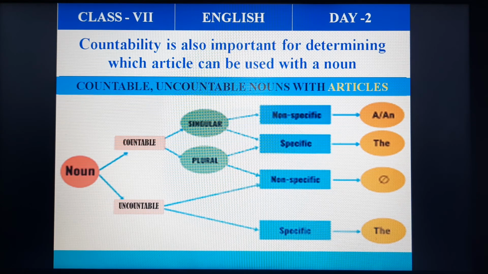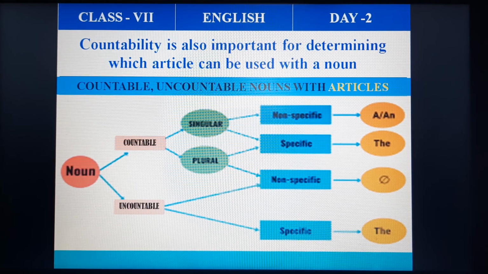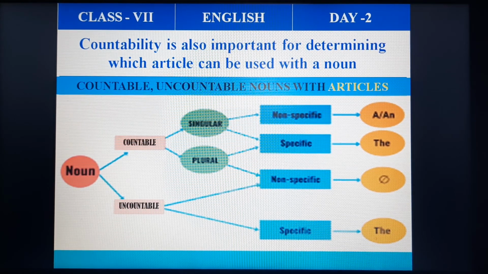And with the countable plural, if the noun is specific, there also we use the article the. And with the uncountable noun, for a non-specific uncountable noun, we don't have any article, but with a specific uncountable noun, we use the article the.